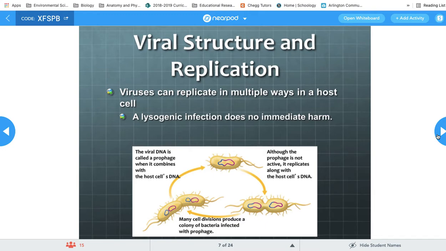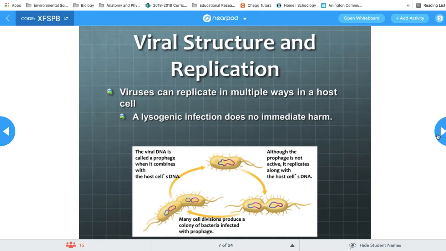Every time the cell replicates, it's going to replicate the viral DNA. The viral DNA, after being injected into the host cell, replicates along with the host cell's DNA.